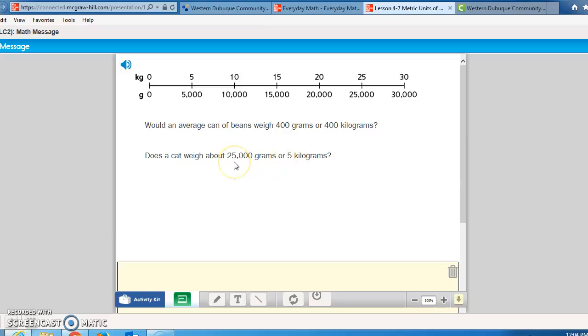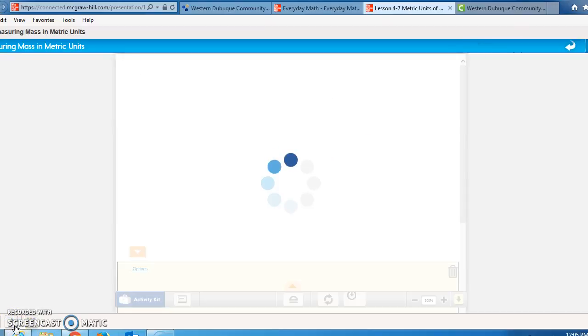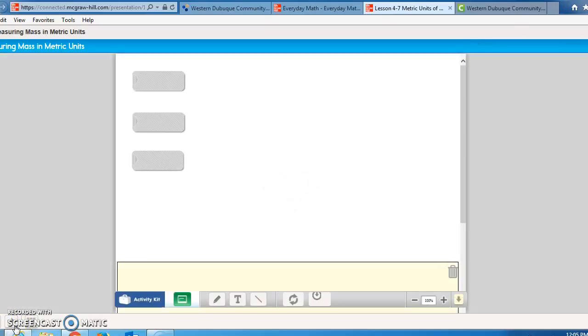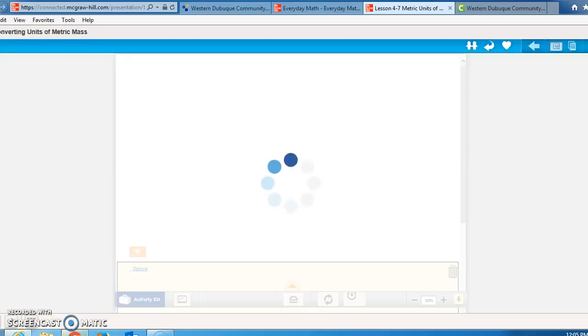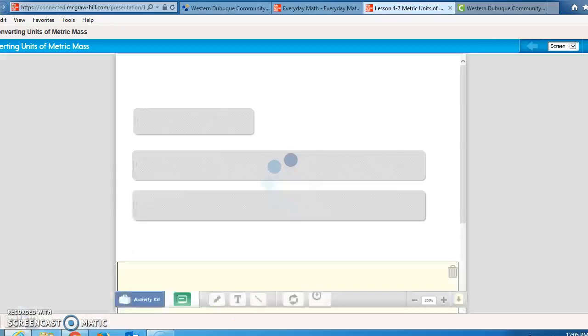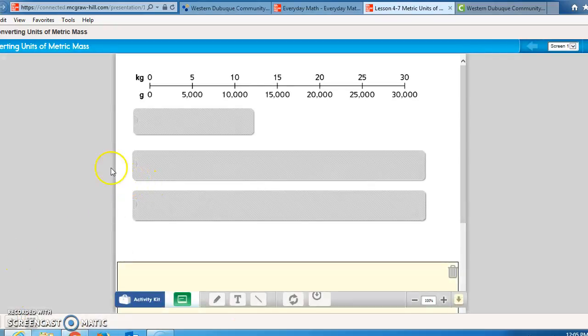It would weigh approximately 5 kilograms. Finish Math Journal page 124 and then bring it back to me if I'm available. And if I'm not, go ahead and take it to Mrs. Voorhees or wait until I'm finished with the other students and we will continue on.